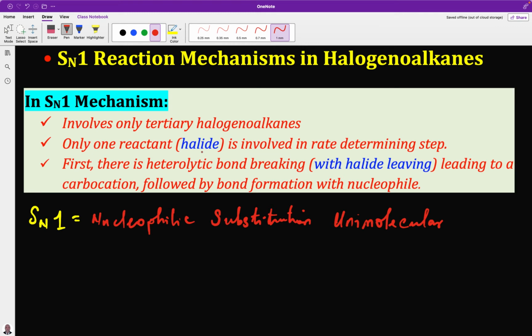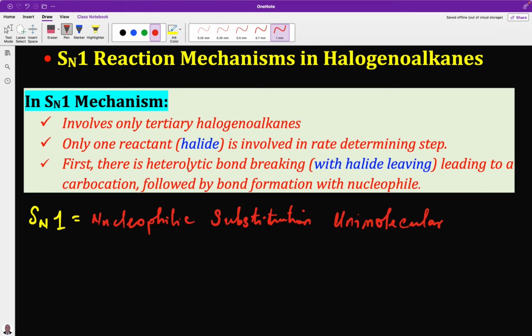Now, there is heterolytic bond breaking in this mechanism. It is a two-step mechanism.